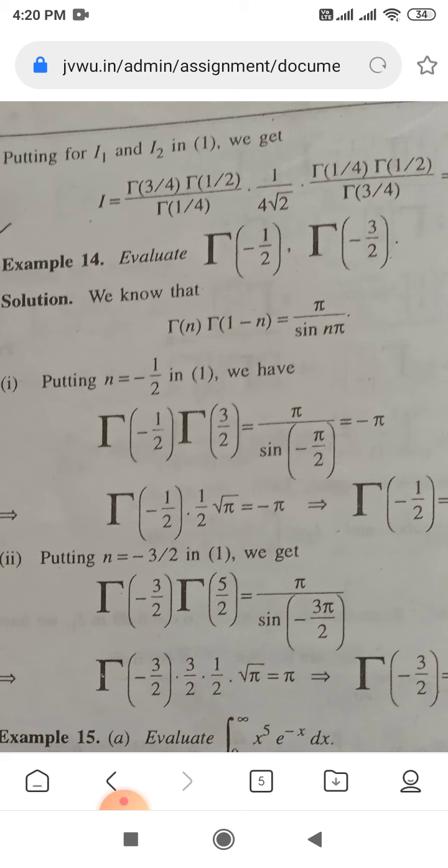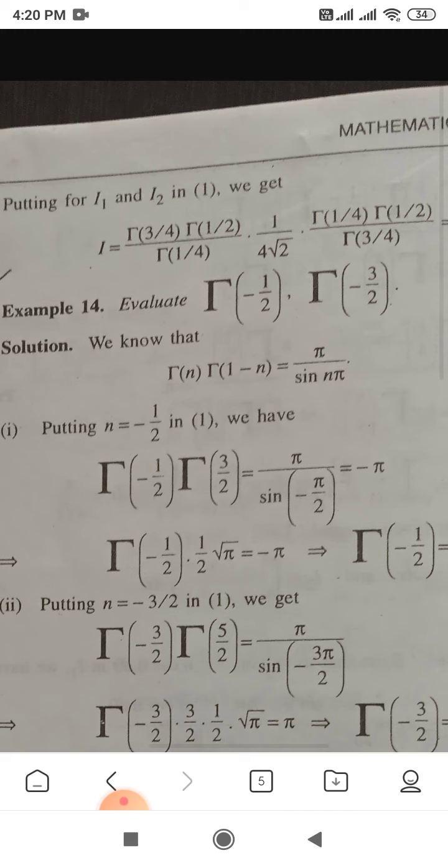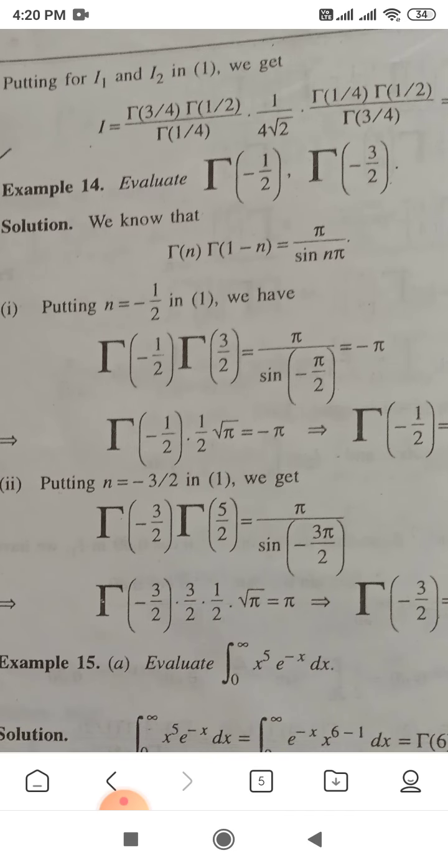Putting the value of n equal to minus 1 by 2 in this equation, we get gamma minus 1 by 2 gamma 3 by 2 equal to pi upon sine minus pi by 2, because n is replaced by minus 1 by 2.